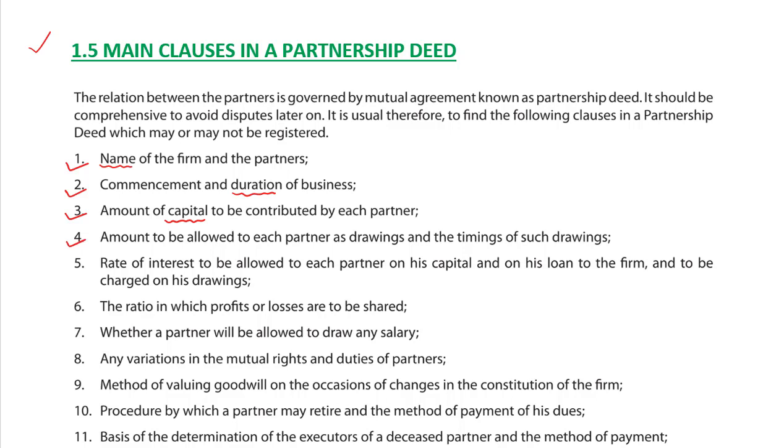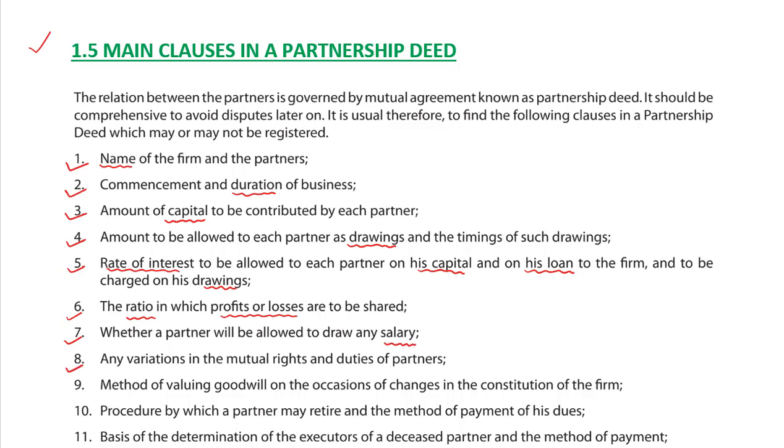Next, amount to be allowed to each partner as drawings and the timing of such drawings. The rate of interest to be charged on capital and loan to the firm and to be charged on drawings. The ratio in which the profits and losses are to be shared, the profit sharing ratio. Next, whether a partner will be allowed to draw any salary.